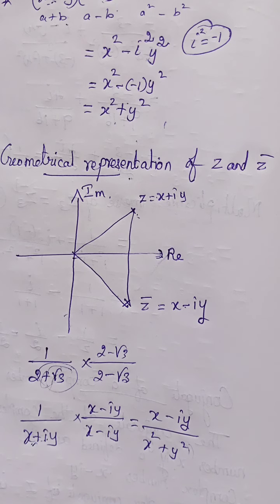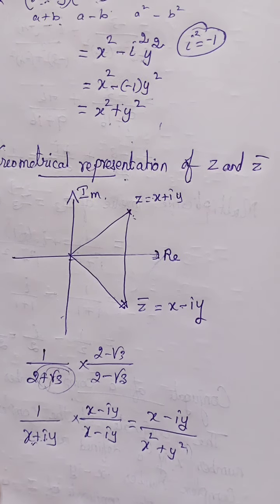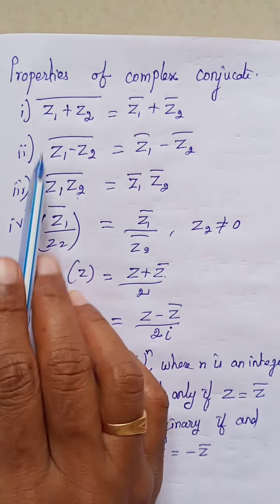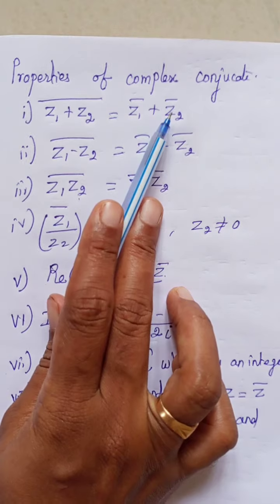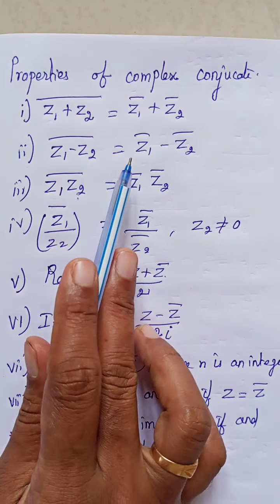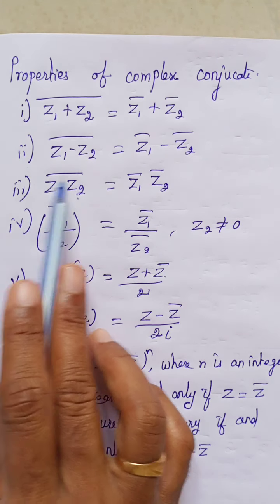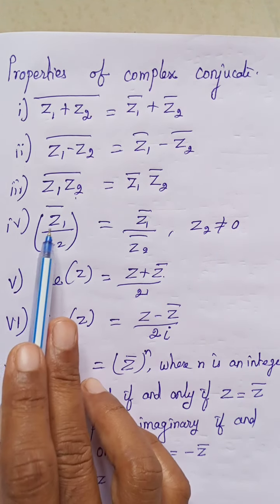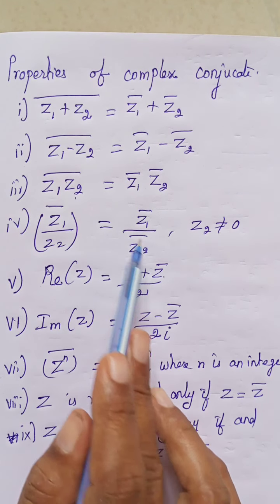Now we are going to learn some of the properties of the complex conjugate. Z1 plus Z2 the whole bar can be written as Z1 bar plus Z2 bar. The same way, Z1 minus Z2 the whole bar is Z1 bar minus Z2 bar. Z1 into Z2 the whole bar is equal to Z1 bar into Z2 bar. Z1 by Z2 the whole bar is equal to Z1 bar divided by Z2 bar.